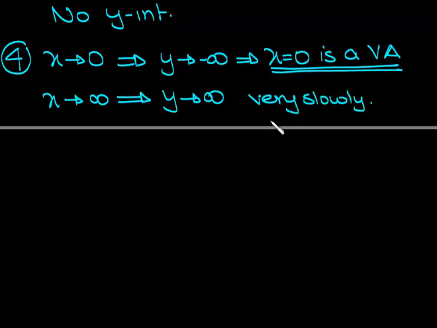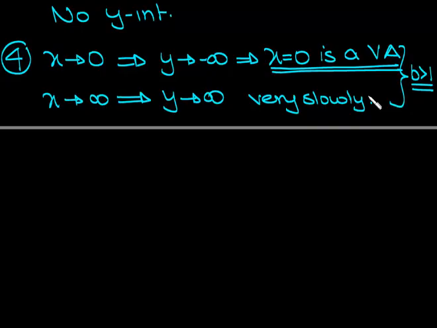Remember, I showed you that ln of 1,000 was only 7 roughly. So that's something you should know about log functions. Now, these two items only apply if b is greater than 1. Because if b is less than 1, then everything flips, and I'll show you that in a second.